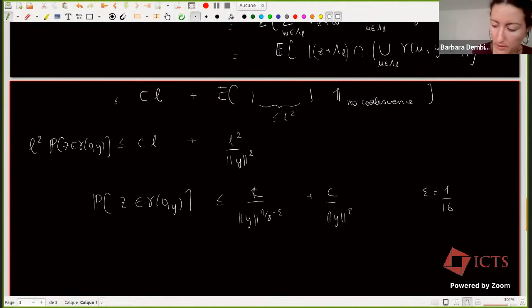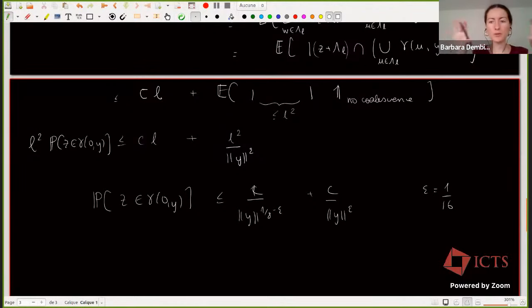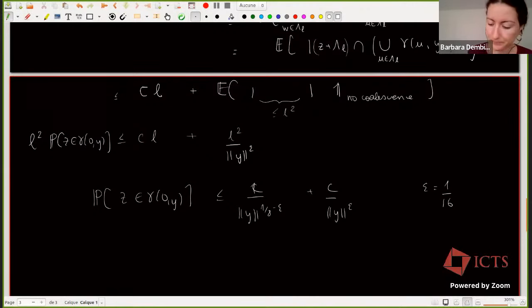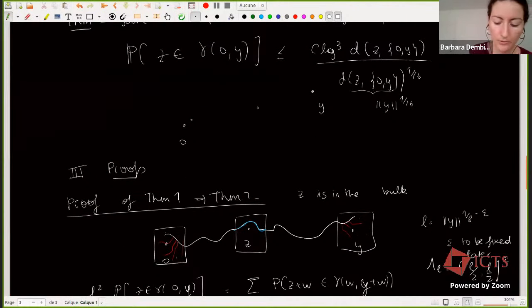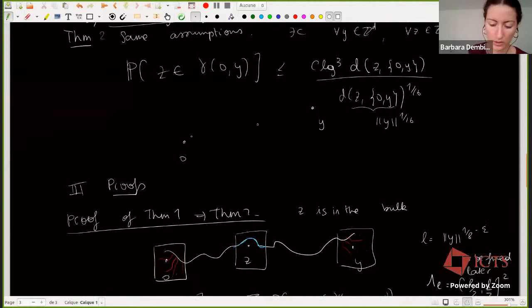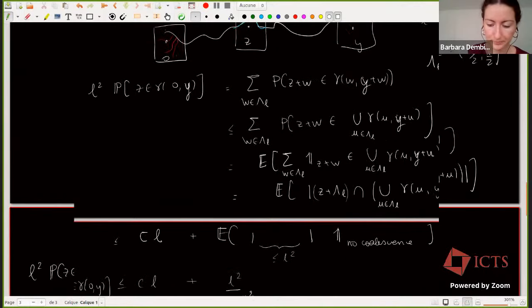So here what we have is that if we know coalescence with endpoints inside a cube, then using the averaging trick, we can deduce things about the probability that one point is inside a geodesic. So this concludes the proof of theorem 2, assuming theorem 1.